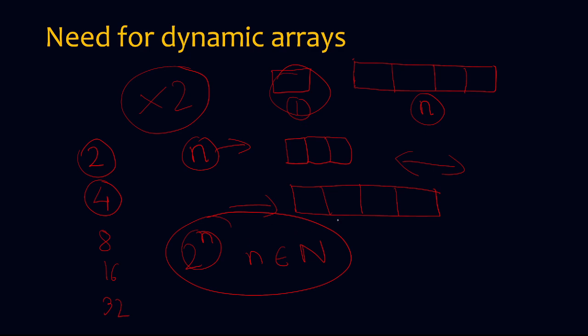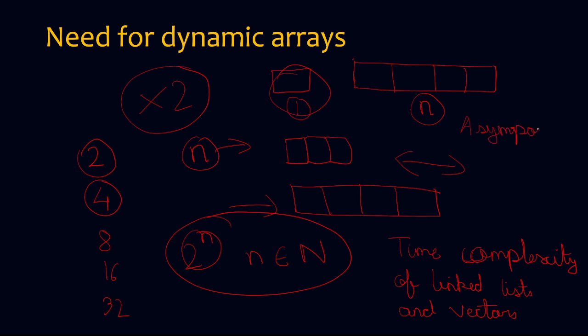This will make more sense as we go ahead and discuss time complexity of linked lists and vectors. There's a concept called asymptotic time, and then there's a concept of the big O of n.